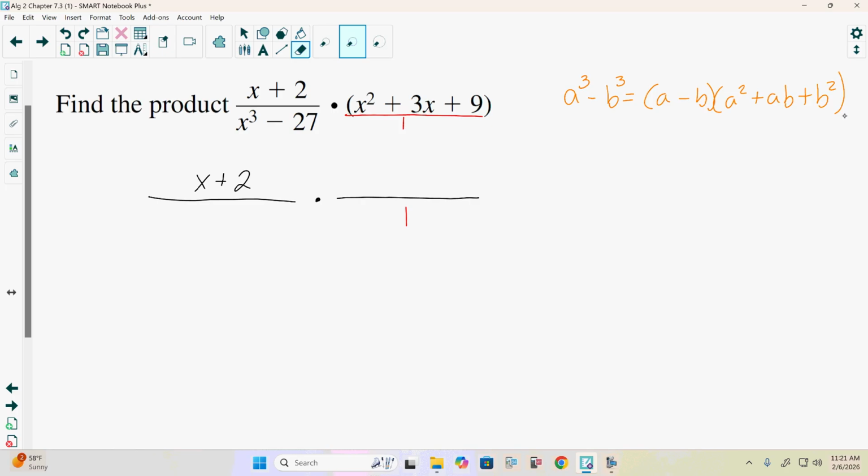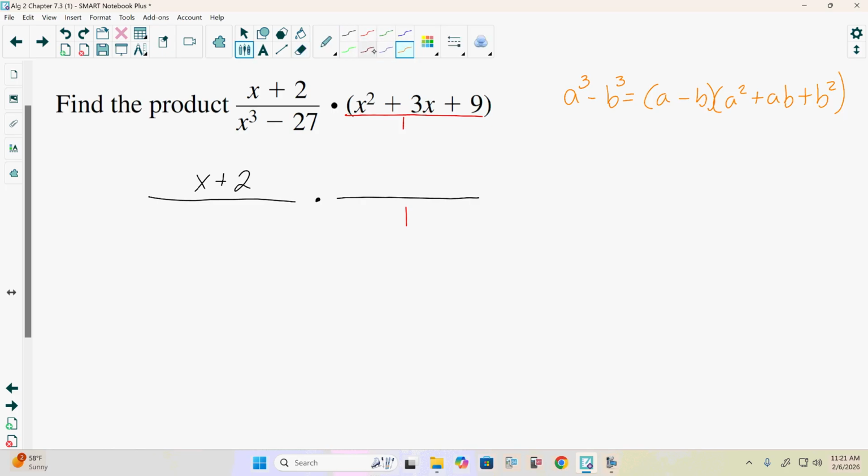Well, x cubed, x times itself 3 times, is x cubed. That's a perfect cube. We just need to figure out what times itself 3 times is 27. And it indeed would be 3.